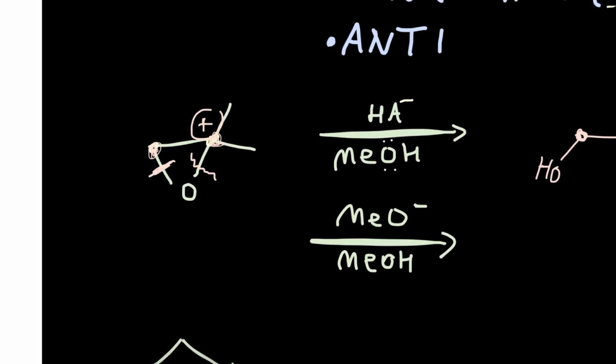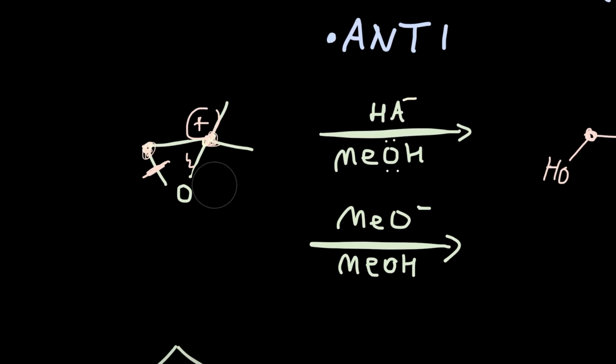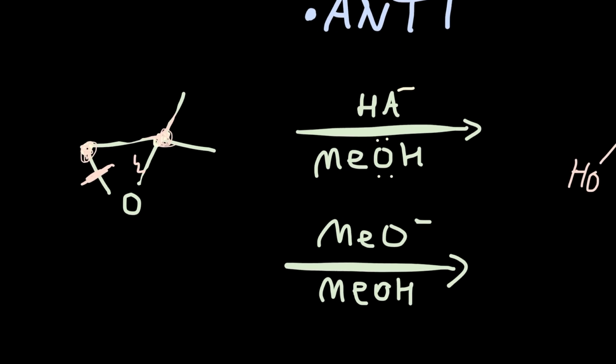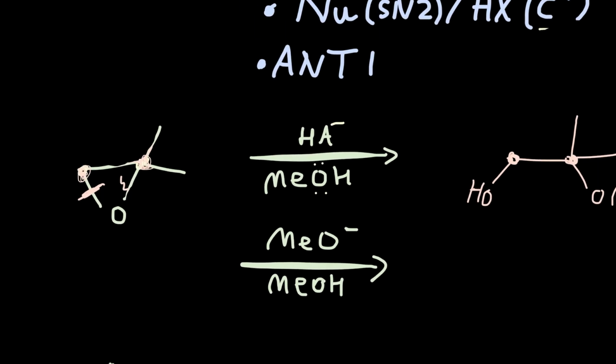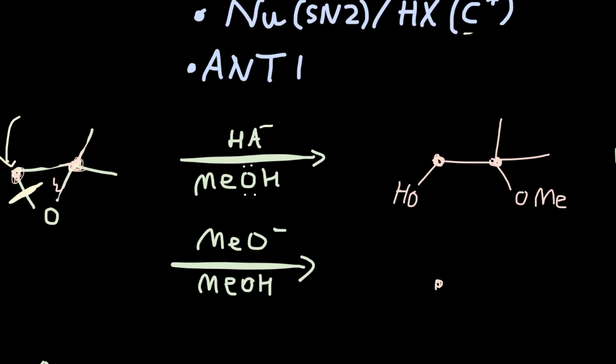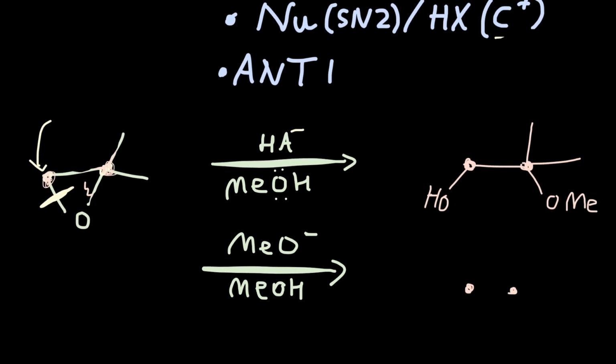If you're reacting this picture with a base, you're going to get an SN2 reaction, an attack at the less hindered, less substituted carbon position. So that will be this spot, all right? So this bond's gonna break. So let's redraw the thing. Okay, so on our carbon 1, we have our OMe, our nucleophile.